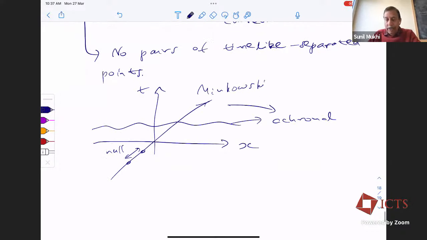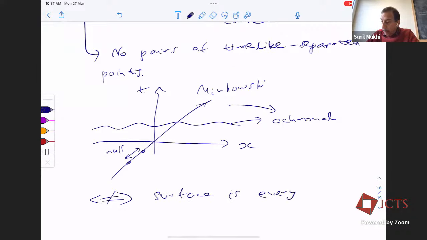But the surprising thing is that this is not equivalent to saying that the surface is everywhere space-like or null. In Minkowski space, it is equivalent, but in general, it's not.